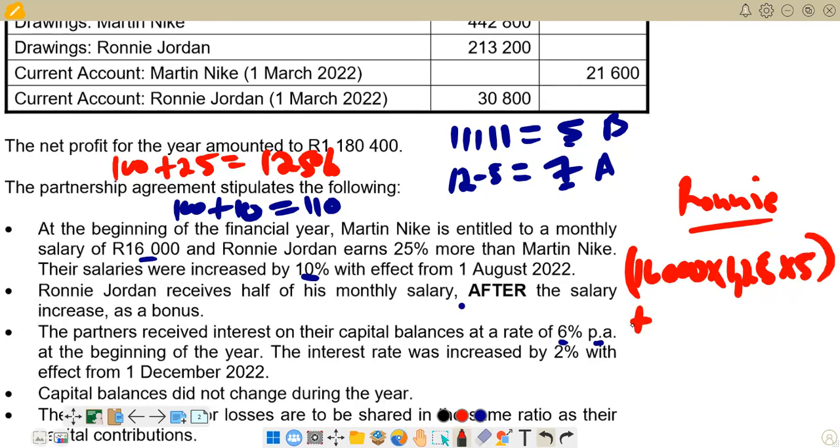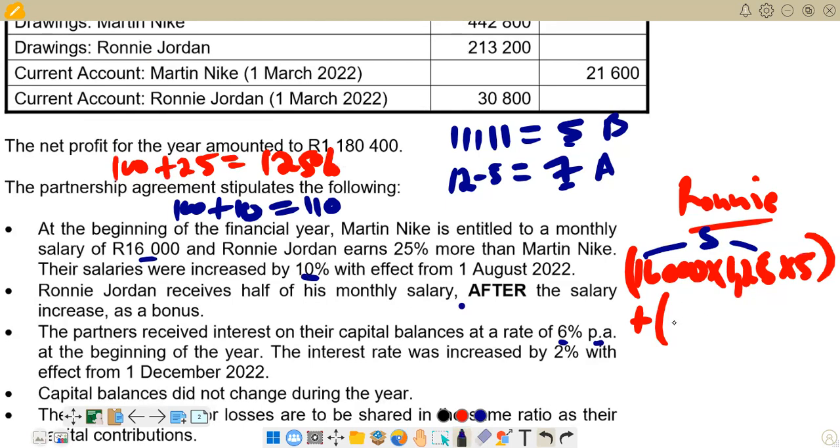Then you add now after the increment. After the increment, now we are saying there is also a 10% increment. This means the answer that you get when you multiply 16,000 by 1.25 here, that's when you are going to get the Ronnie salary before the increment. So the answer that you get here, you multiply it again by 1.10, which is 110% after the increment now.